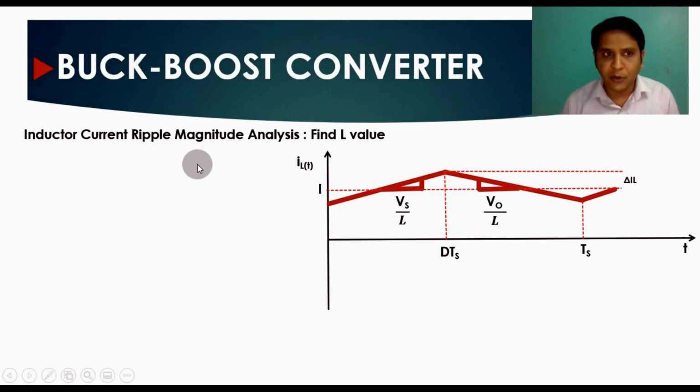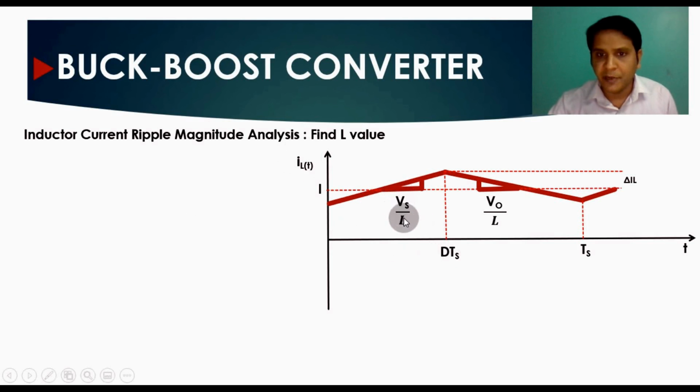So we will now understand inductor current ripple magnitude analysis, and we will find the value of L, right? So if you find the inductor current for T on time, that means dTs, it is given by the inductor voltage divided by the inductance value.